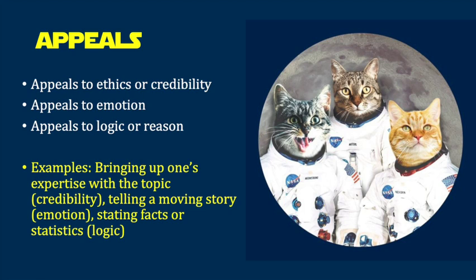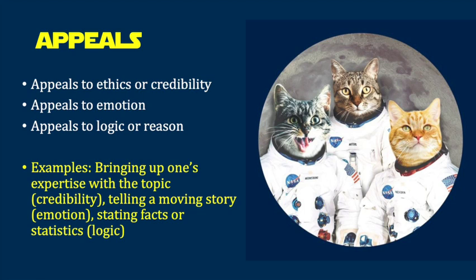All right, next is appeals, and we're going to dig more into this in your assigned reading on understanding rhetoric, why rhetoric. Ethics, emotion, and logic or reason are also expressed as ethos, pathos, and logos. Those are all Greek words. So these appeals, again, are over 2,000 years old the way that we're studying them right now.